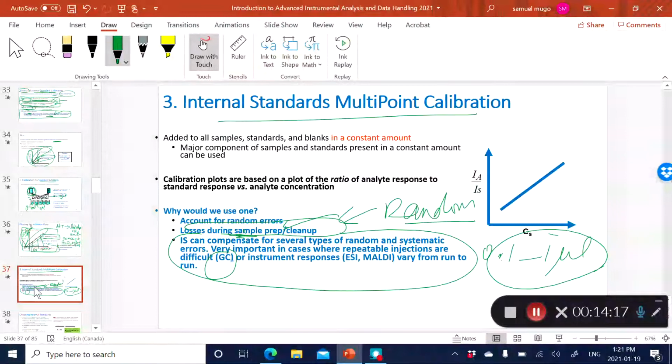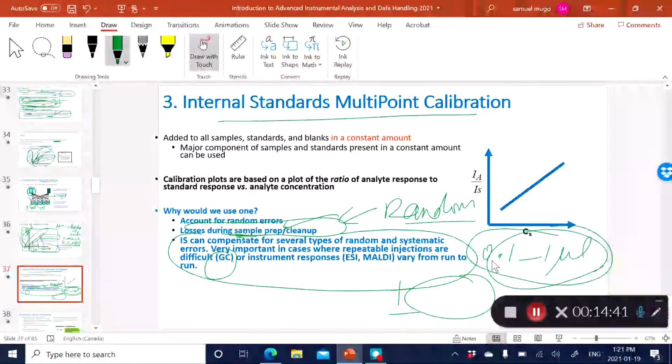It's very difficult to reproduce very small sample injections. And so you're going to have quite a bit of error associated with injections when you're injecting very small volumes. And that, of course, affects your calibration as well.